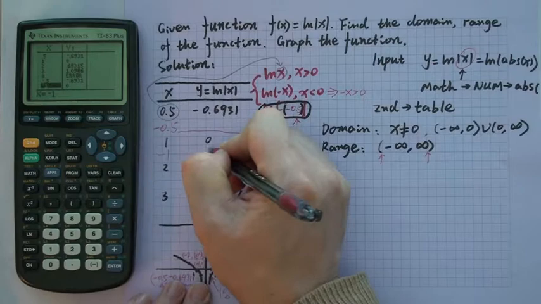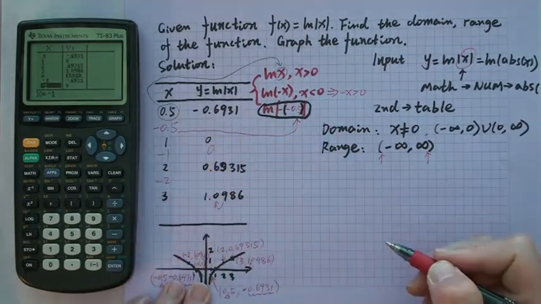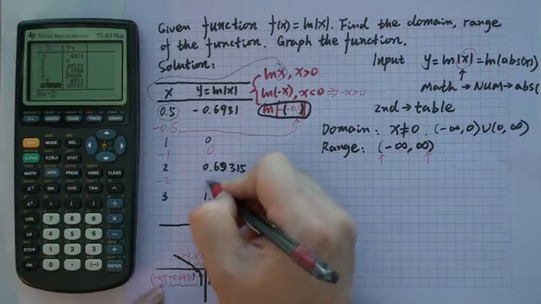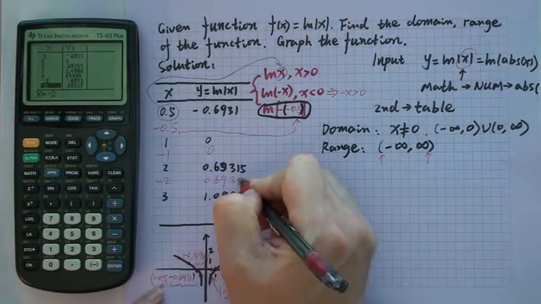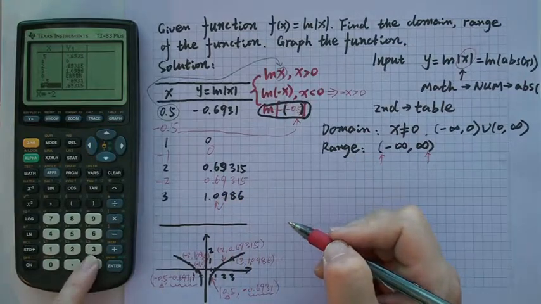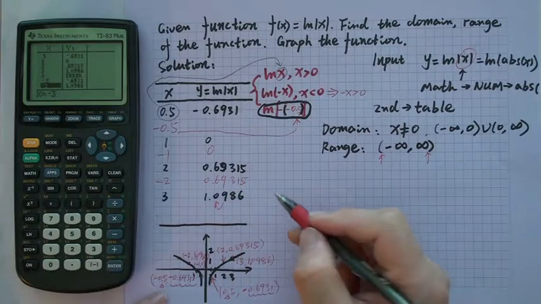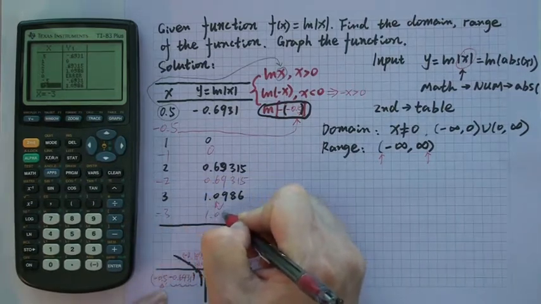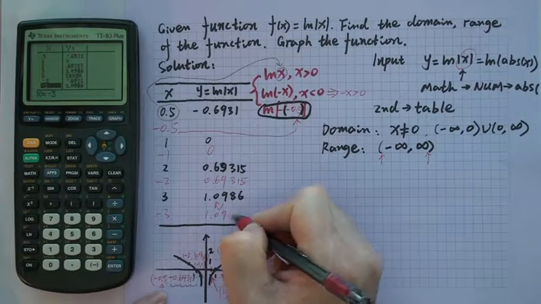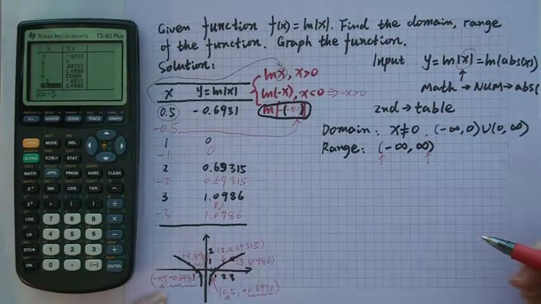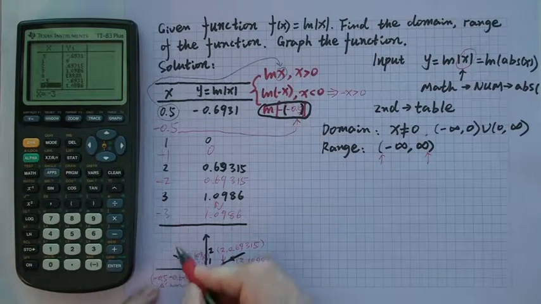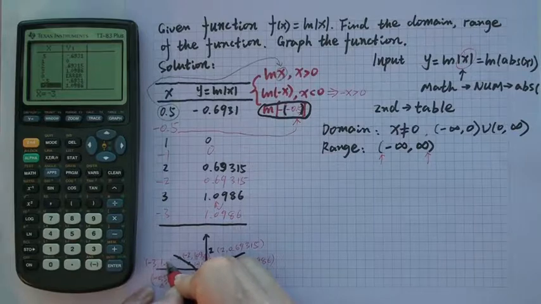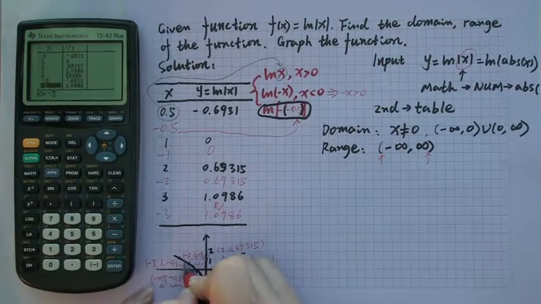You may put negative 2 here, you hit enter, you still have a positive. You may input negative 3, then you have this answer, 1.0986. So this one will be negative 3, 1.0986.